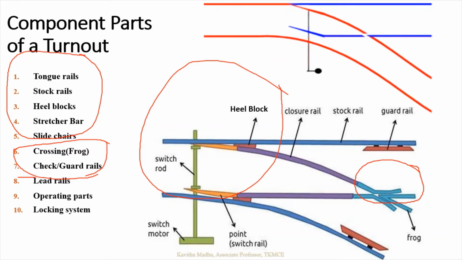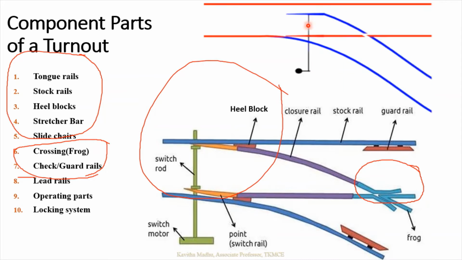You can tell from this illustration in which direction the train will be moving. This is the lead rail. When there is a gap between the lead rail and the tongue rail, the train will move straight through. Whereas if there is a gap between the right hand tongue rail and the lead rail, then the train will turn towards the right.